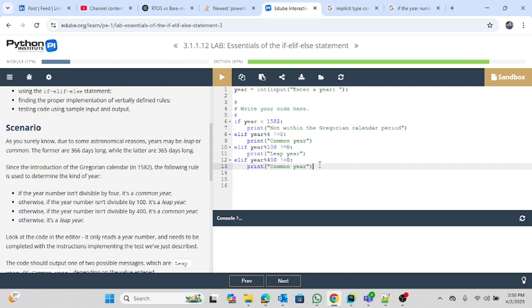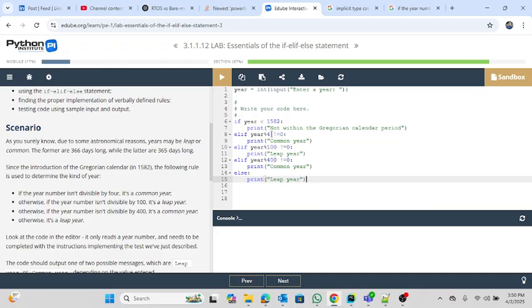Then if this also fails, it's the else condition. It's a leap year. Print leap year. That means here it is divisible by 4, and here it is divisible by 100, and here it is divisible by 400. Then it's a leap year.